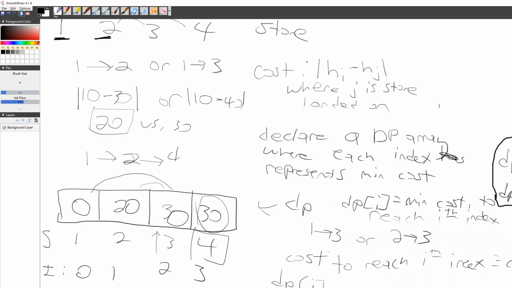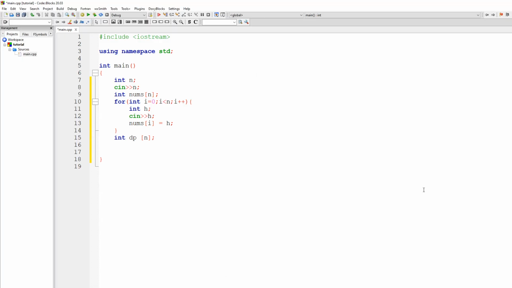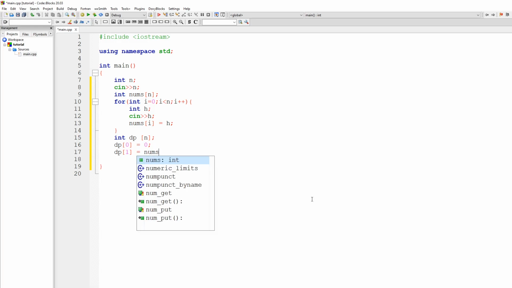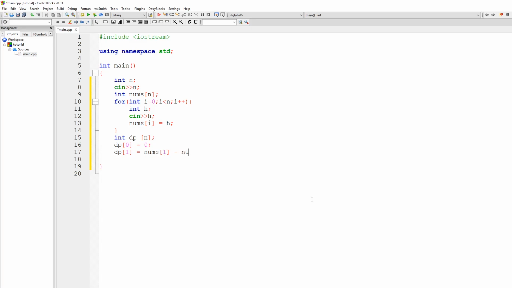But the only way to reach the first index by 1 or 2 jumps is by just jumping once. So it's going to be the cost at stone 1 minus the cost at stone 0, which is nums sub 1 minus nums sub 0.